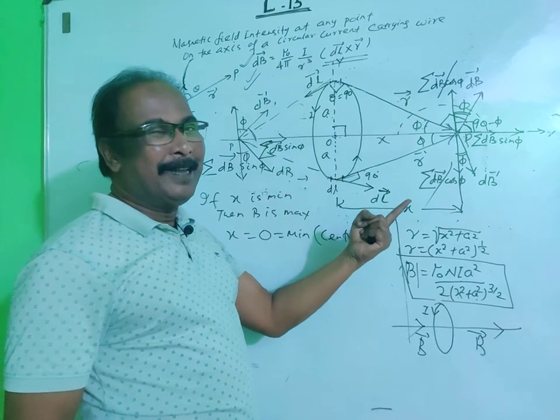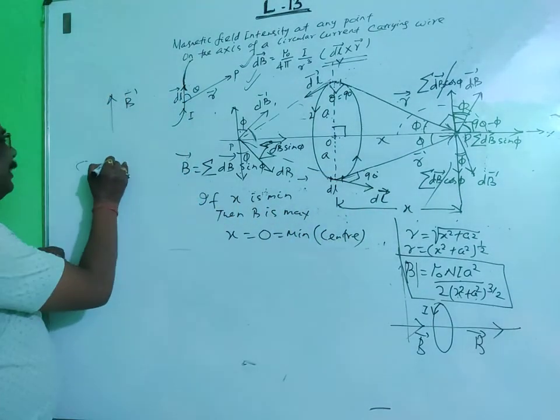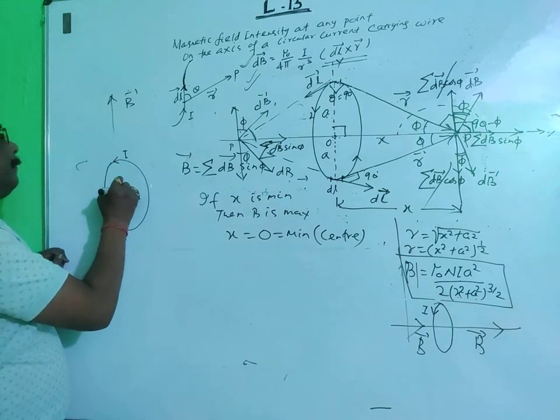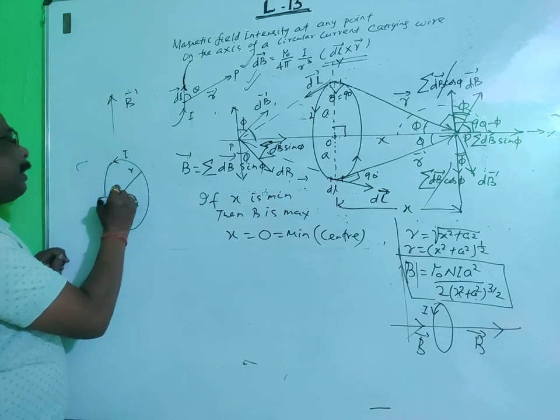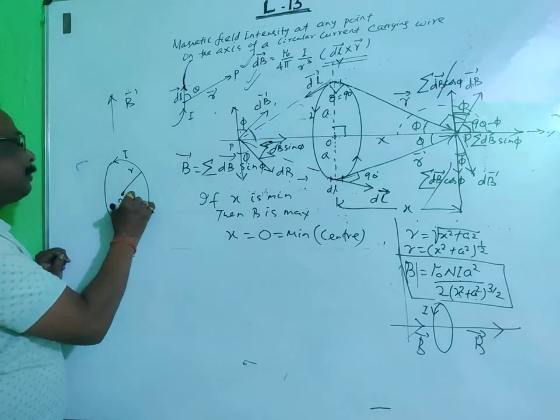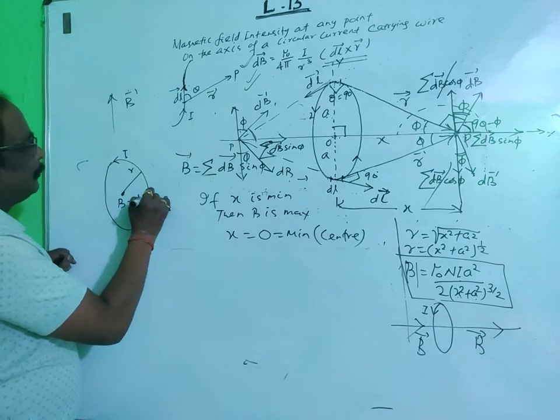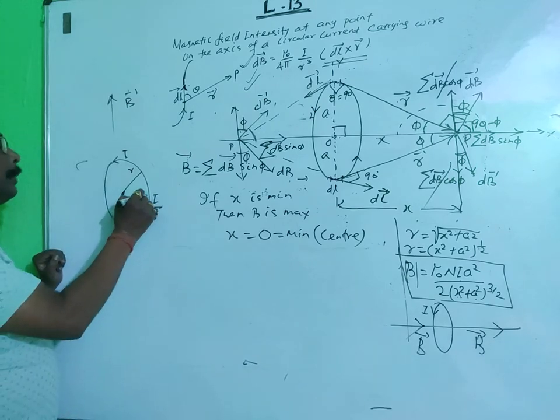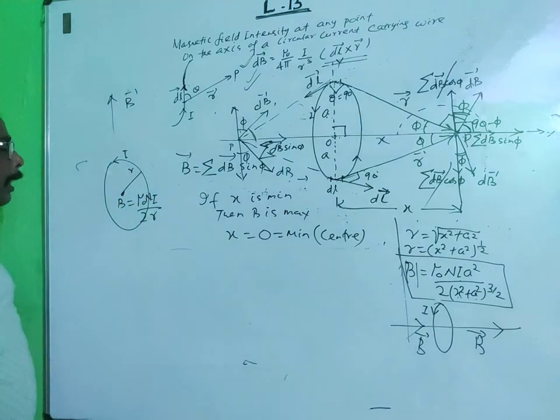In the previous lecture we discussed, if current is I and radius of the circle is R, then the magnetic field at the center is mu naught I by 2R. If the number of turns is n, then mu naught n I by 2R.